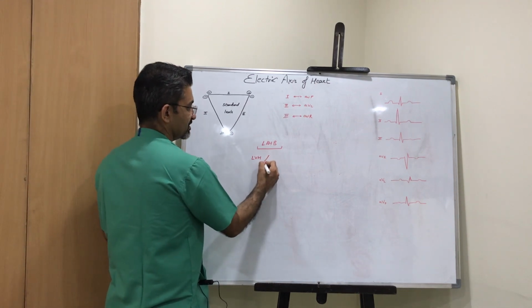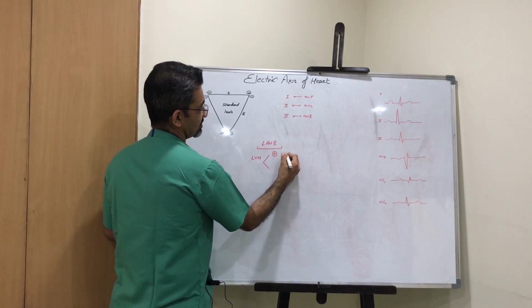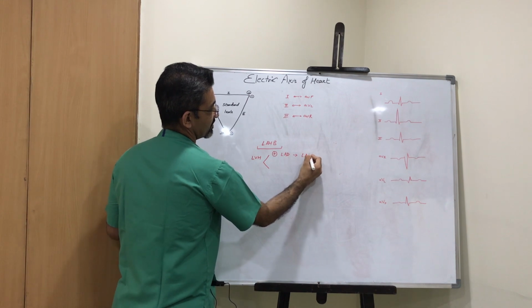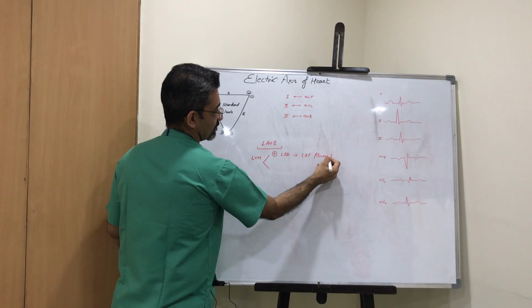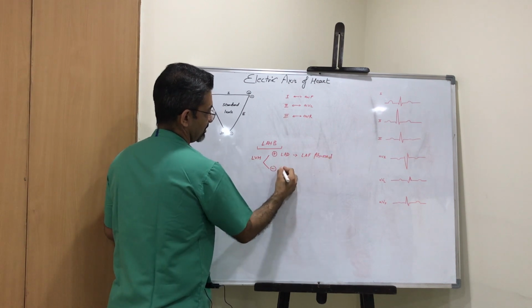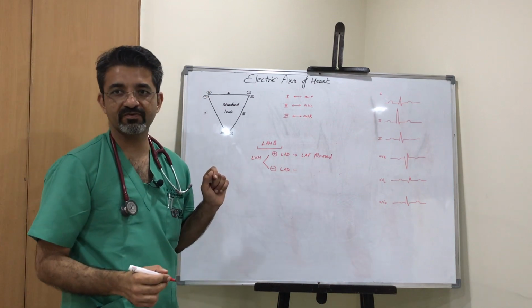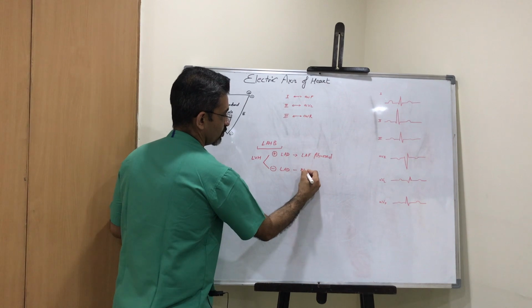So LVH can have left axis deviation only if left anterior fascicle is fibrosed, but there will be no LAD if there is simple hypertrophy without fibrosis. No fibrosis.